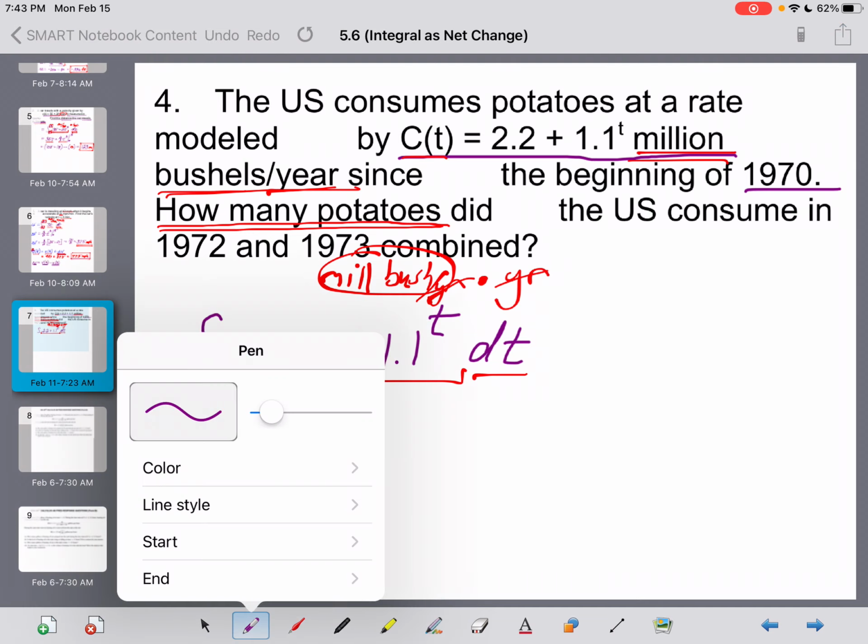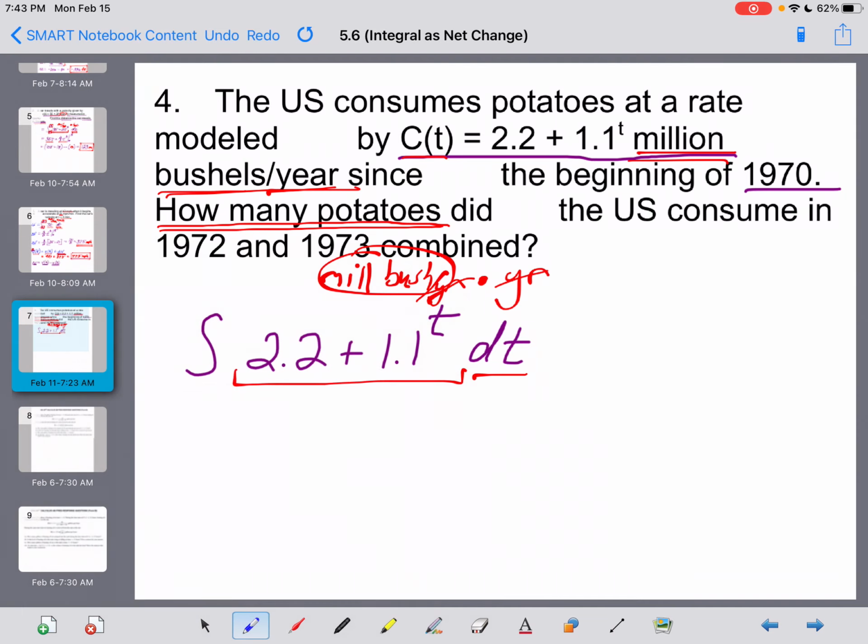The only question now that we haven't put in here yet, guys, is what are the limits of integration? And the key to that, there's actually two tricky things right here. The first key to that is this phrase right here. Whoever came up with this function, probably our friends at the United States Potato Council, maybe in Idaho, said that this function is valid since the beginning of 1970. So January 1st, 1970. We want to know how many potatoes were consumed in 1972 and 73 combined.